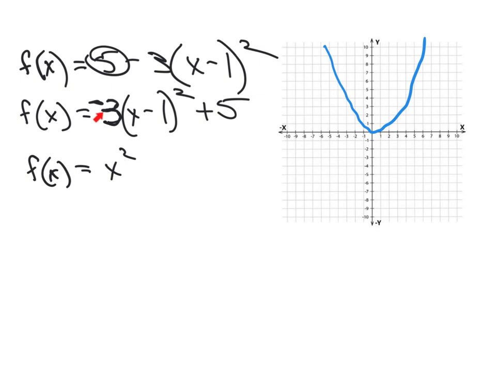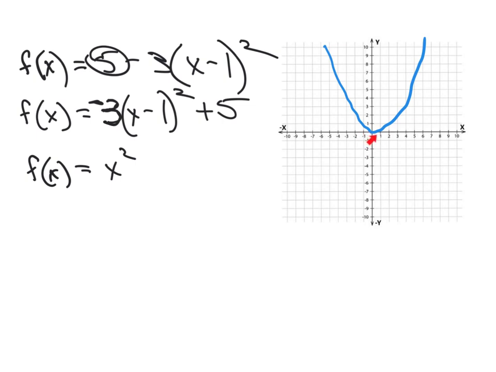So it's going to change the size because of that 3. In fact, the vertical expansion is going to make it thinner because of the number that's greater than 1. And it is going to be reflected because it's negative. So this is going to be turned over. So it's going to be narrower and flipped over.